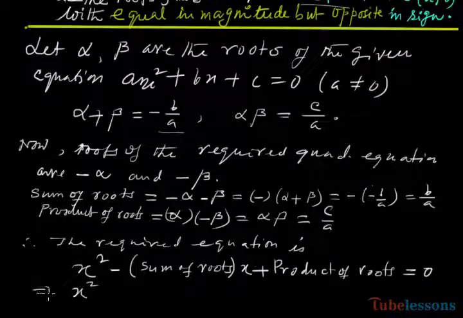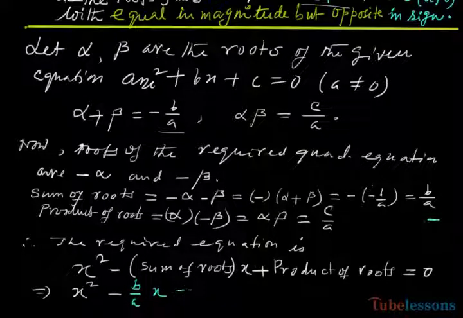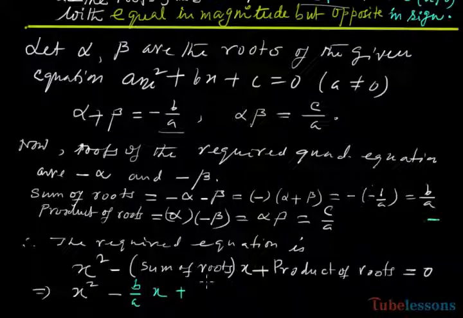So this implies x square minus, sum of the roots here, b by a, x, and product of the roots c by a.